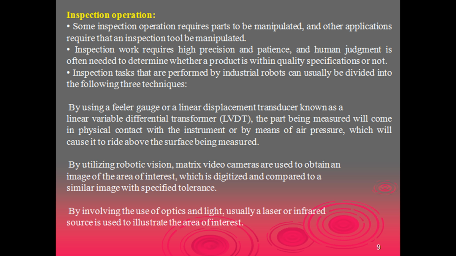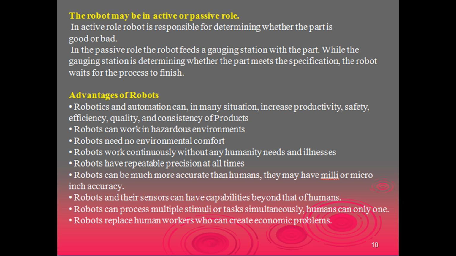Second, by utilizing robotic vision, matrix video cameras are used to obtain an image of the area of interest which is digitized and compared to a similar image with specified tolerance. Third, by involving the use of optics and light, usually a laser or infrared source is used to illuminate the area of interest. The robot may be in an active or passive role.